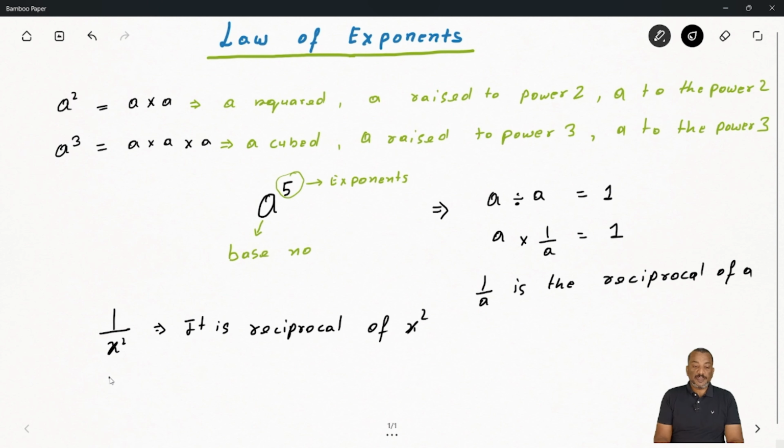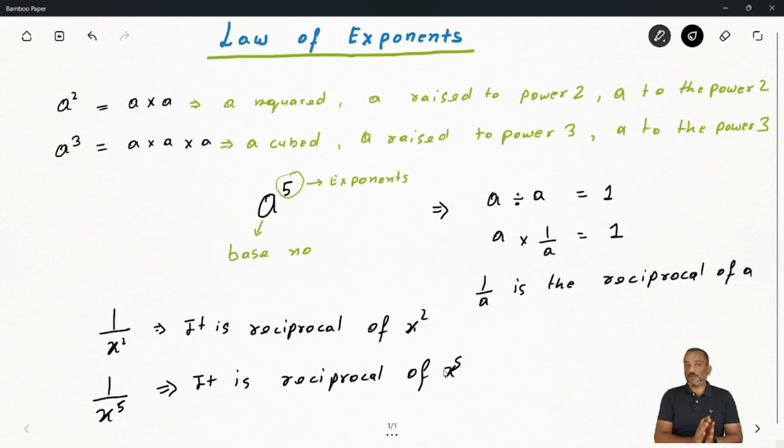If you have written any number, suppose 1 over x to power 5, you can say here it is a reciprocal of x to the power 5. Okay, so hope you understand what we mean by reciprocal of any number. So that we will use here based on some properties.